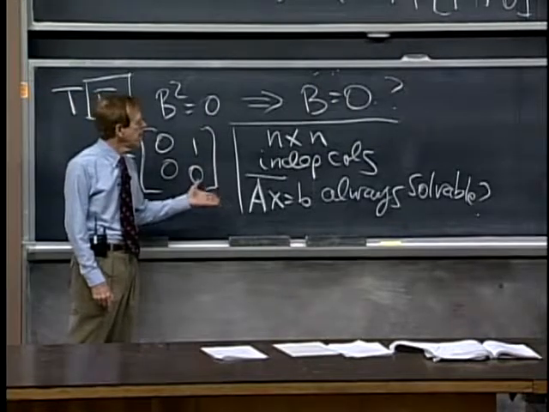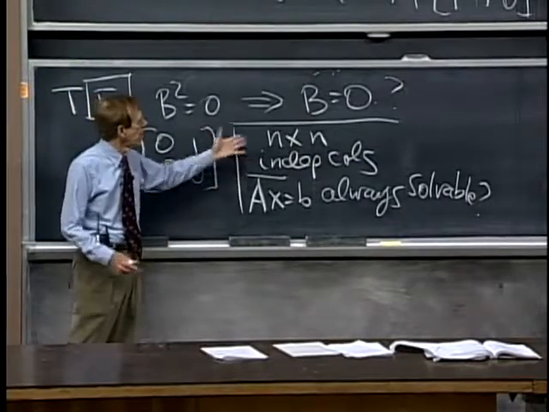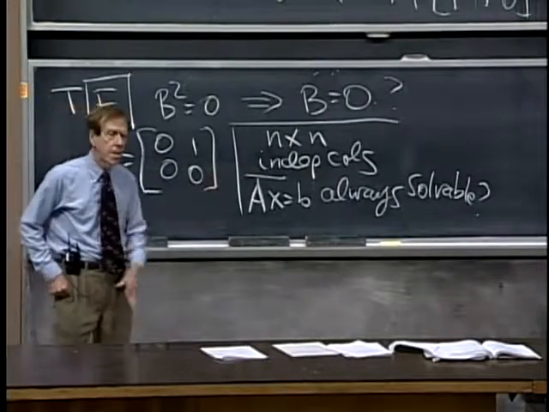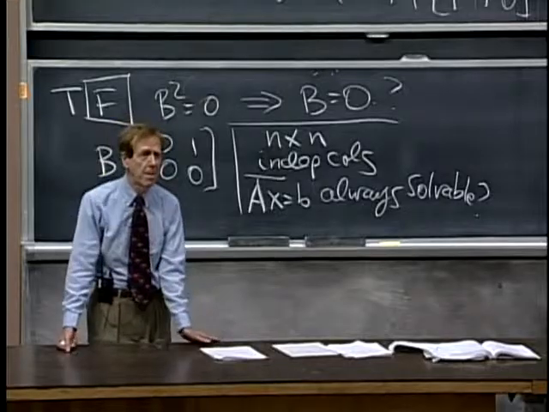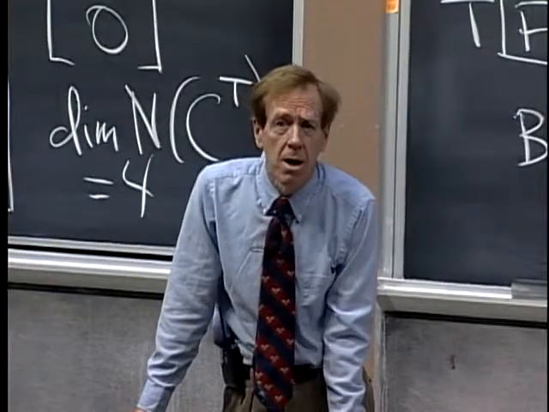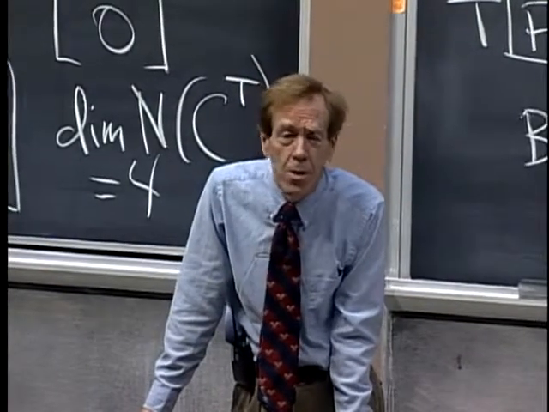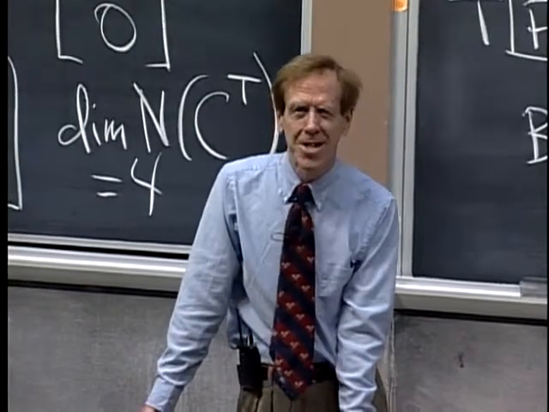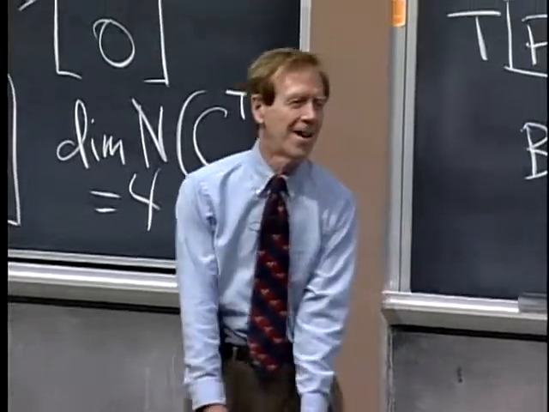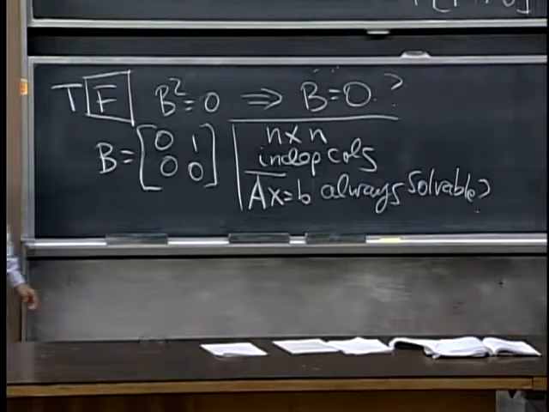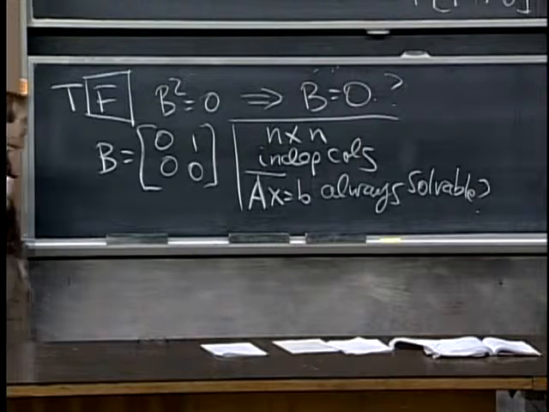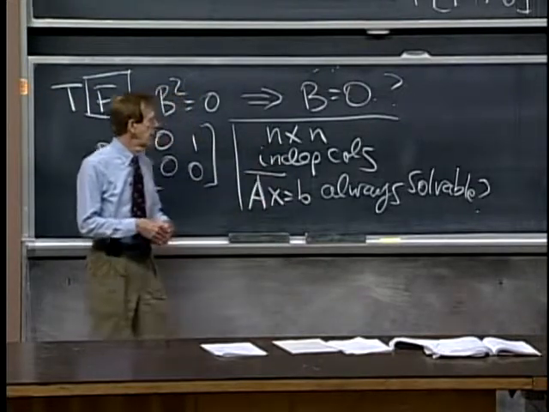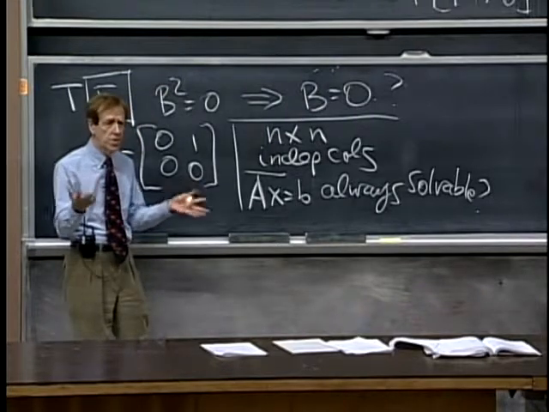So let me say yes or no. If I have a square matrix with independent columns, is AX equal B always solvable? Maybe just hands up for that. A few. And who says no? Oh gosh, this audience is not reliable. It's 50-50. I'd vote yes, because independent columns means that the rank is the full size n.